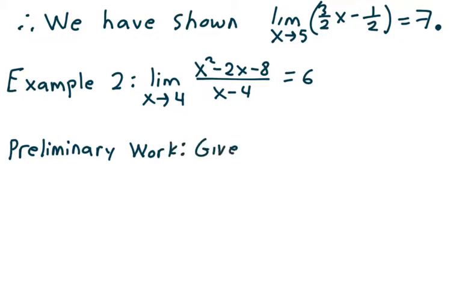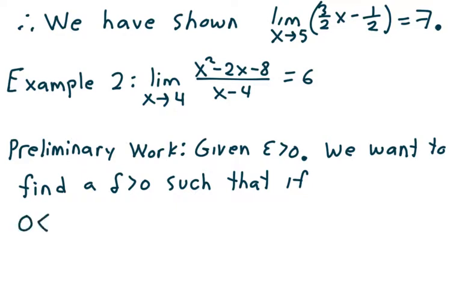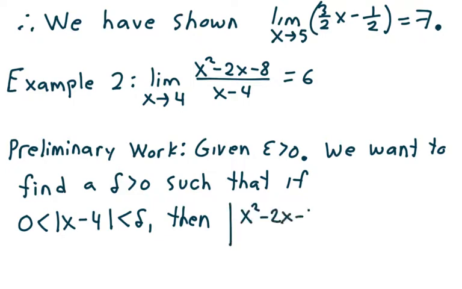So given epsilon greater than 0, we want to find a delta positive such that if 0 is less than the absolute value of x minus 4, which is less than delta, then the absolute value of x squared minus 2x minus 8 divided by x minus 4 minus 6 is less than epsilon.